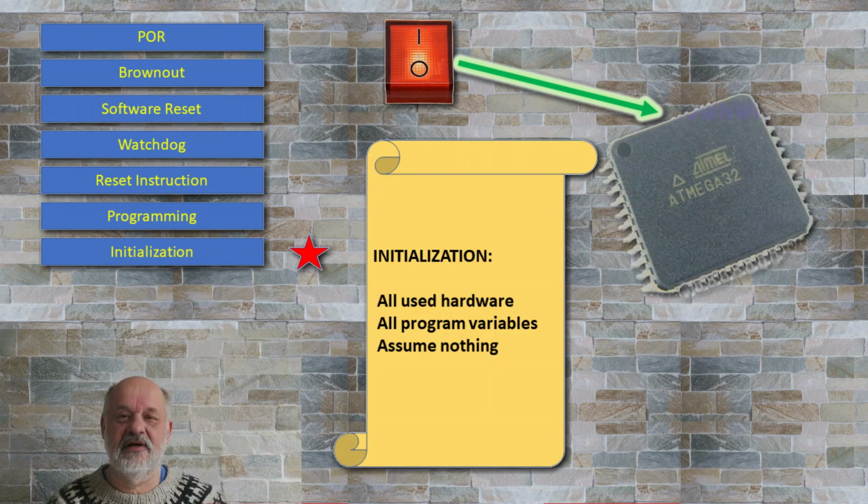When you design the initialization code, that is the code that is executed immediately after the reset pin is released, you need to design it in a way that the end result of this initialization is the same no matter how you did the reset. So this is why you need to know a lot about the hardware of the microcontroller.